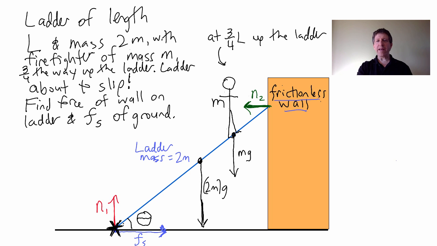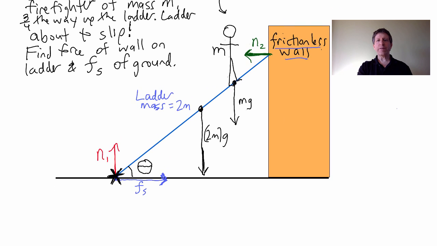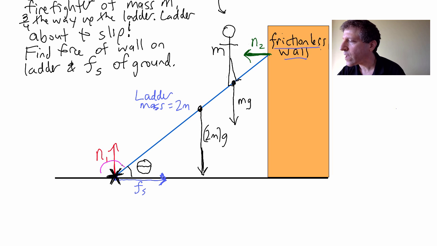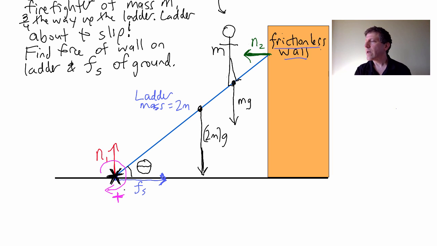So we got that axis of rotation. Let's pick a direction for positive. I am going to arbitrarily choose clockwise as my direction for positivity. So let's call this direction around clockwise positive.